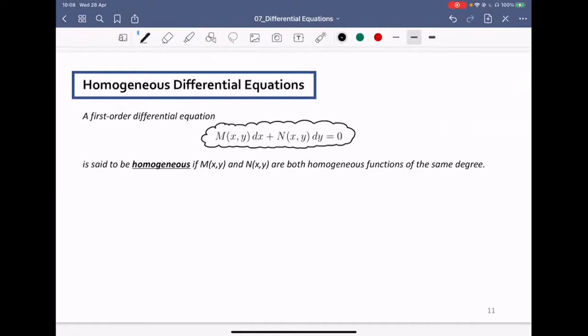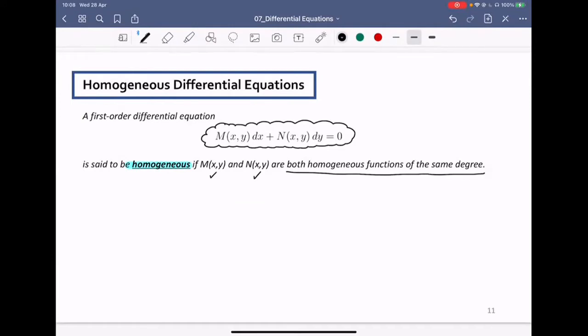This differential equation is called homogeneous if the functions M and N are both homogeneous of the same degree. We're going to call this a homogeneous differential equation, and you're going to have a standard way to solve it.